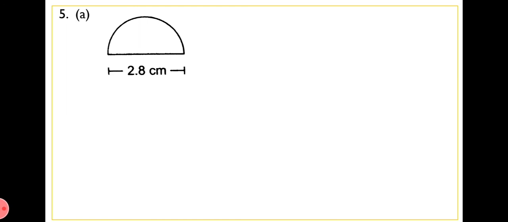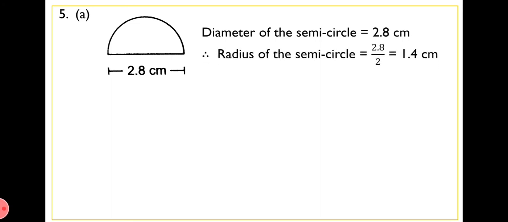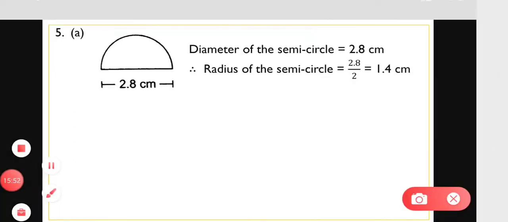Now you can see in the figure, the first shape is a semicircle whose diameter is given as 2.8 centimeter. So the radius of the semicircle is equal to 2.8 upon 2, that is 1.4 centimeter. Now when we find the perimeter of this shape, if we take only the perimeter of the semicircle, then this line, the diameter, will not be included.